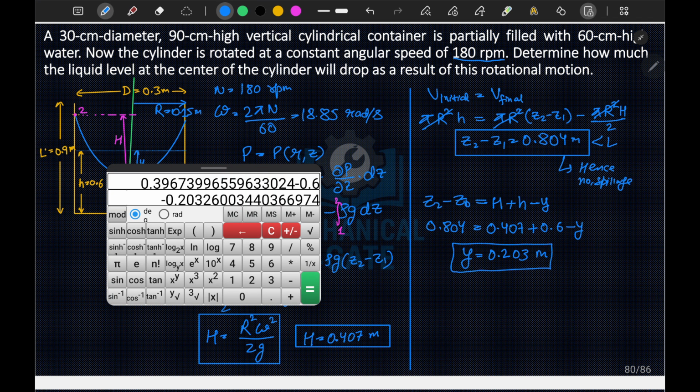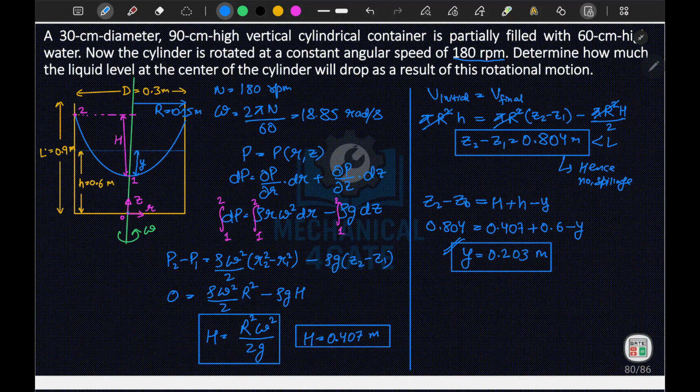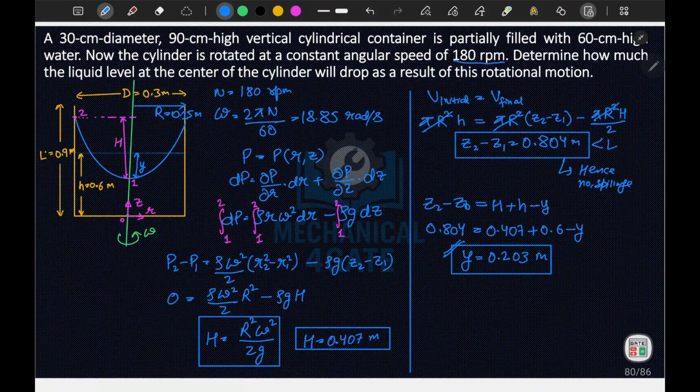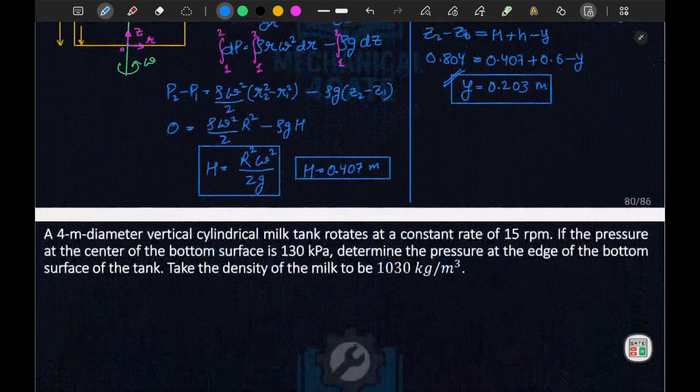So this is your drop in the liquid level at the center of the cylinder. I hope you get this point. And this is a node, the total height from here to here. Now move to next question.